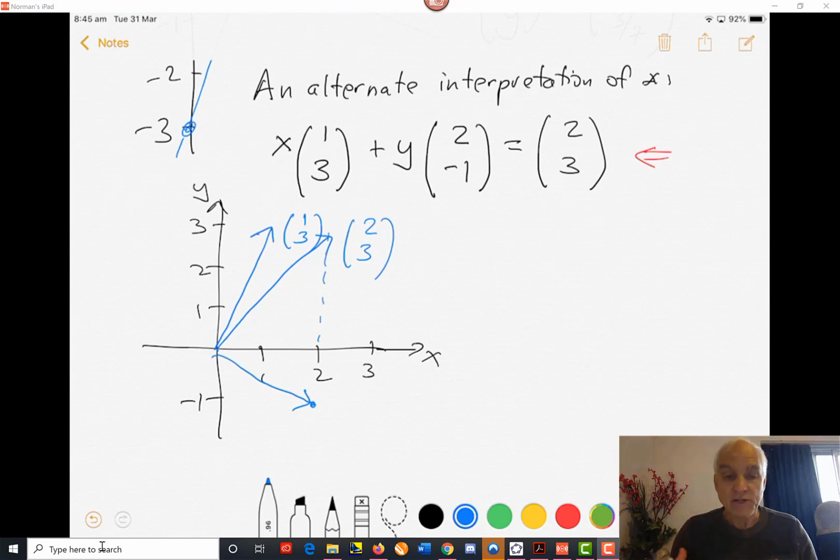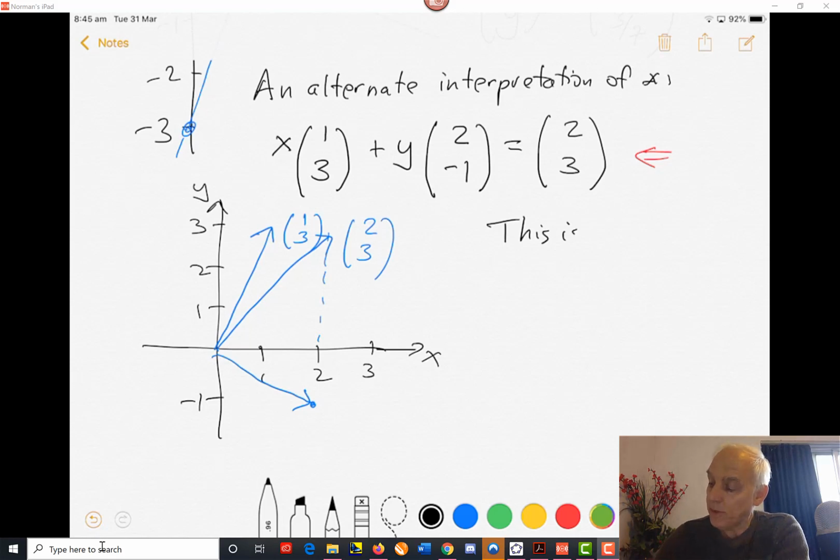Okay, so when we solve this system, what we're doing is we're trying to express the vector (2, 3) as a linear combination of the vectors (1, 3) and (2, -1). So we're asking to write a given vector, namely the vector (2, 3), as a linear combination of other vectors, in this case the vector (1, 3) and the vector (2, -1).